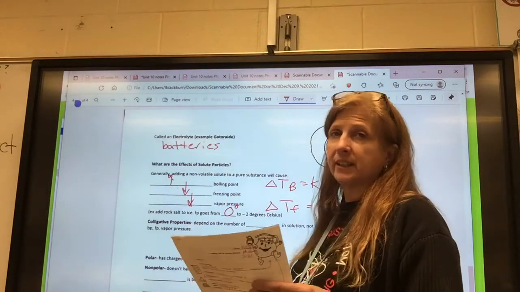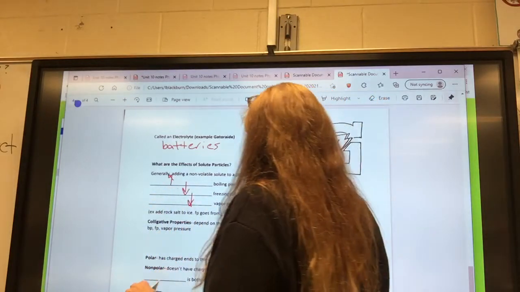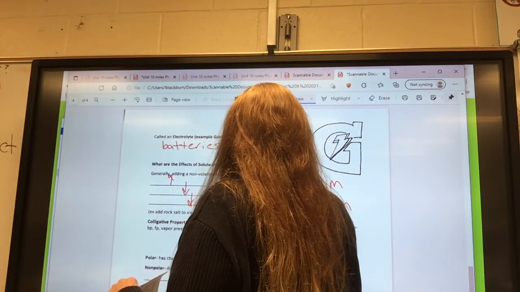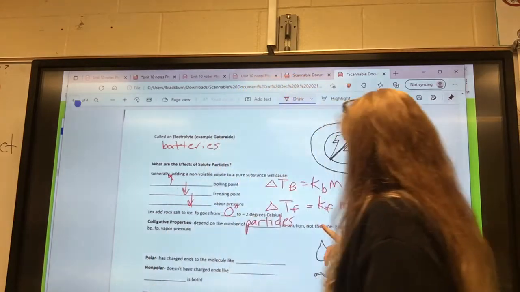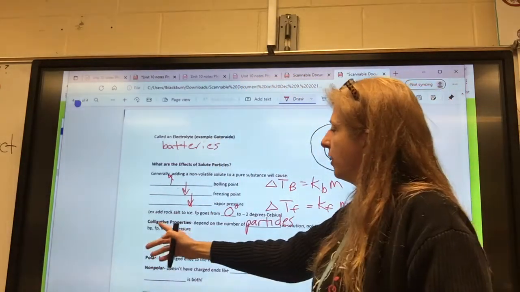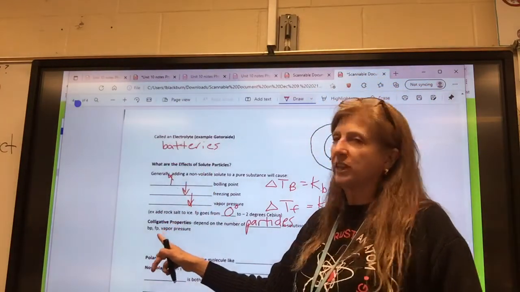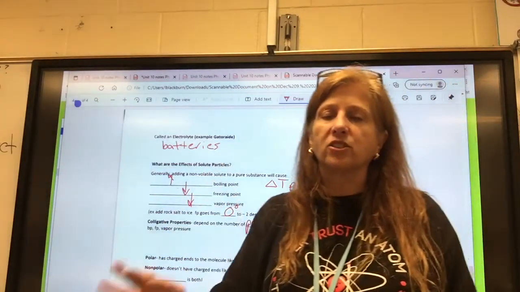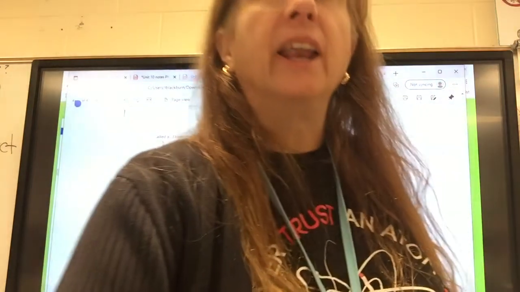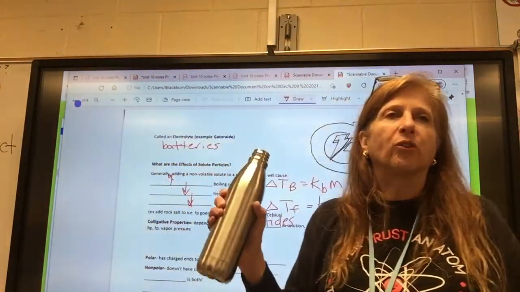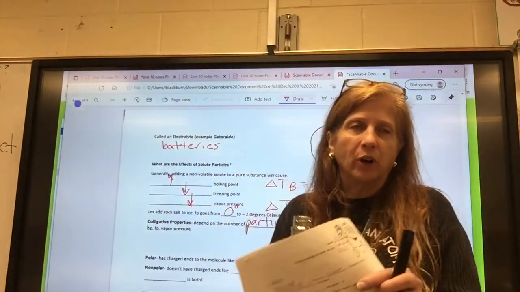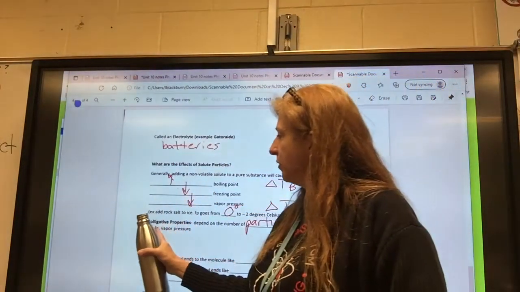These are properties that a chemical has, or a solution has, that's based on the number of particles in the solution, not the type. For example, this change of boiling point and freezing point: if you add salt to a road and it's 32 degrees Fahrenheit, the road won't freeze where you add the salt.